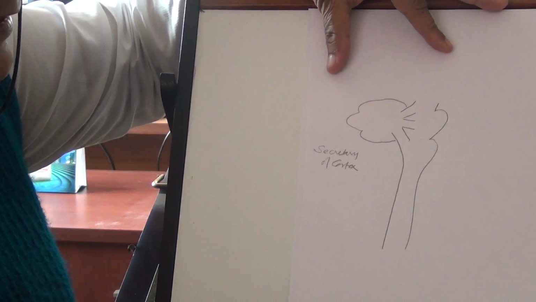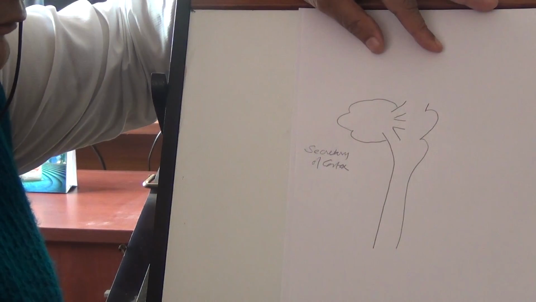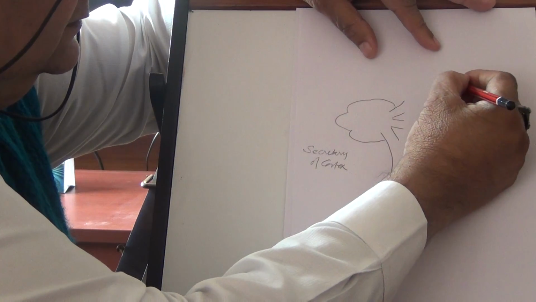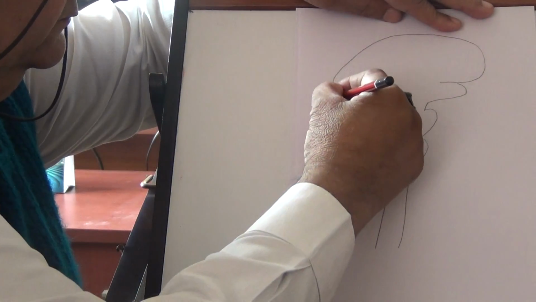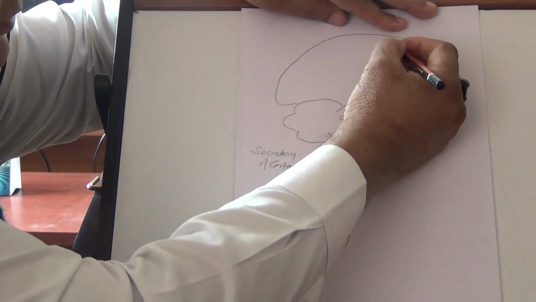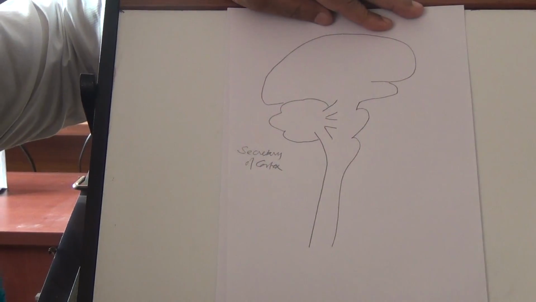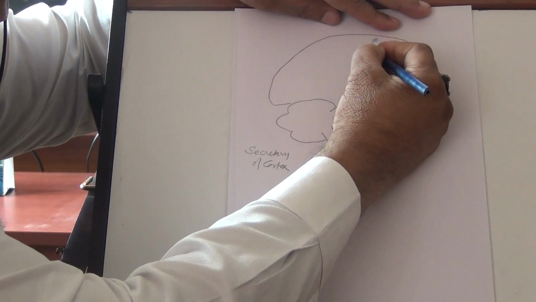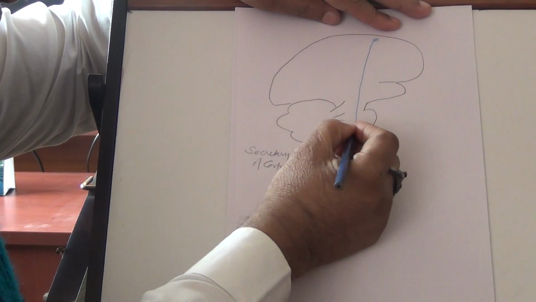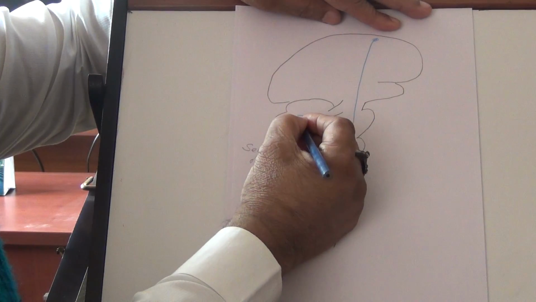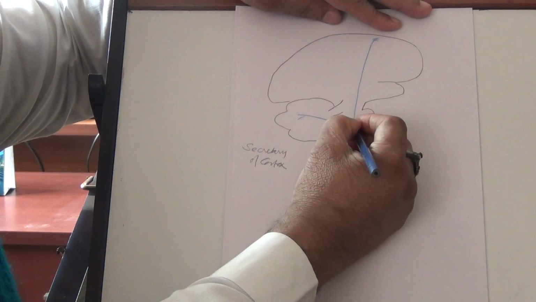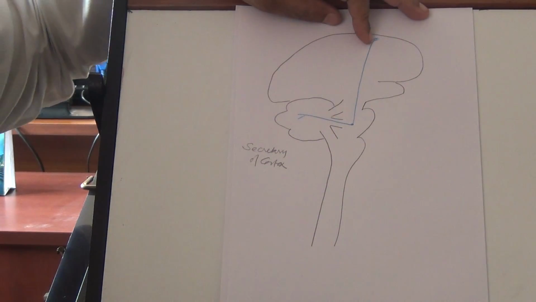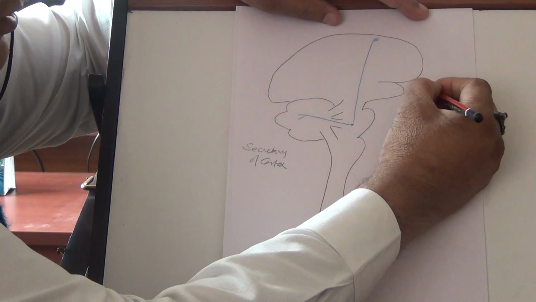So it must first find out from the cortex what the cortex wants. So from here, the cortico-ponto-cerebellar tracts, this is the pons, carry the information of what is the intention of the cortex.